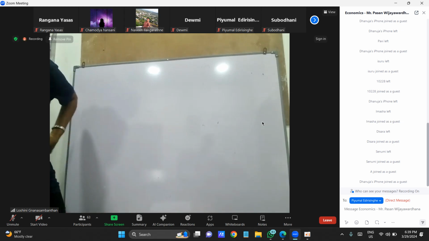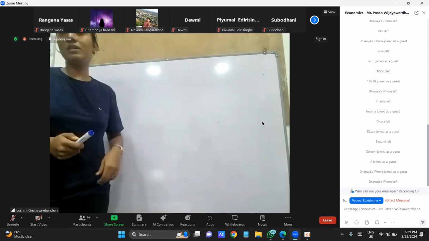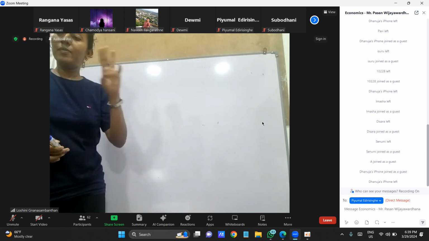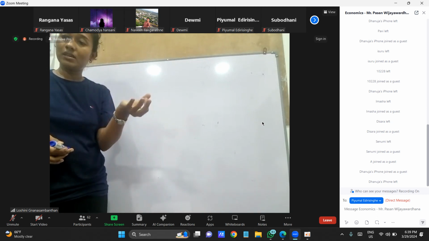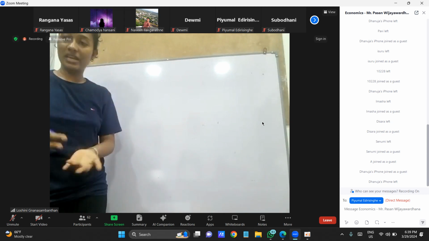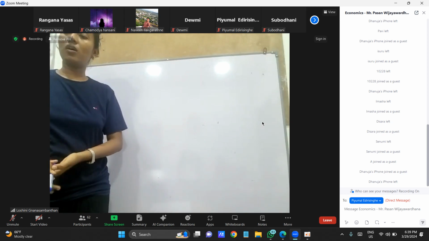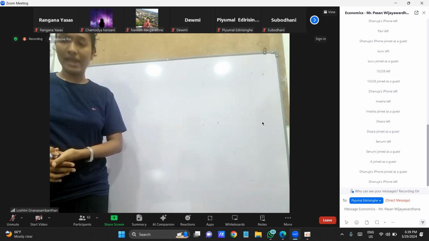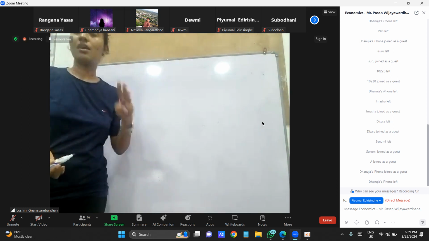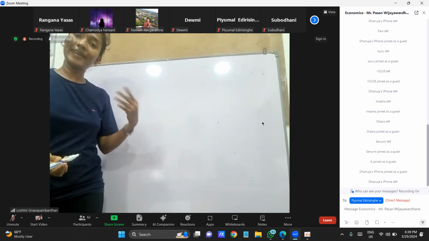Then in slide number 9, measurement scales of variables. There are three properties: ratios can be computed, distance between values is meaningful, and there is natural ordering of values along the scale. The meaning of properties is characteristics.